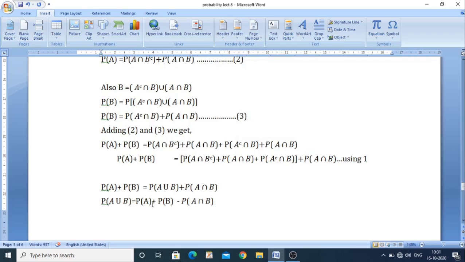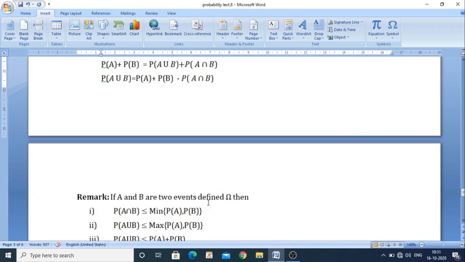So by using this we got P of A plus P of B is equal to P of A union B plus this third term, P of A intersection B, as it is. Now we want to find out probability of A union B. So keep it on one side and take the remaining, that is P of A intersection B, to the LHS. So P of A union B is equal to P of A plus P of B minus P of A intersection B. So that is the proof of this theorem.